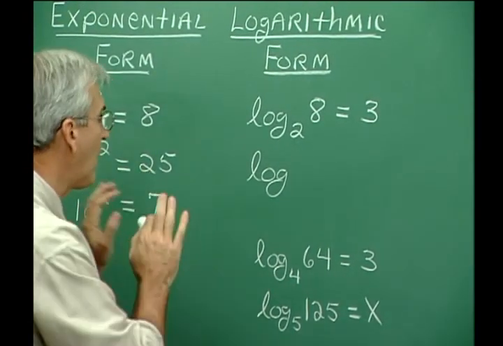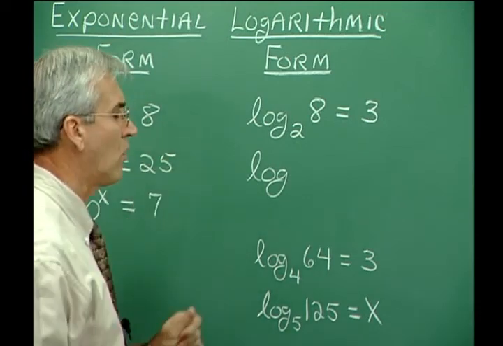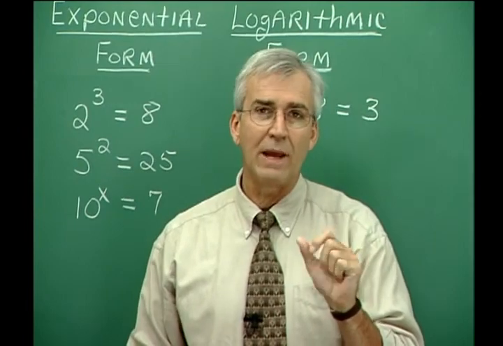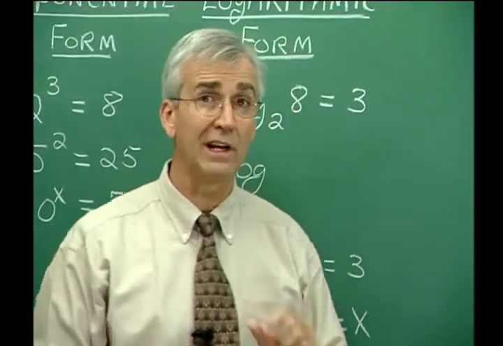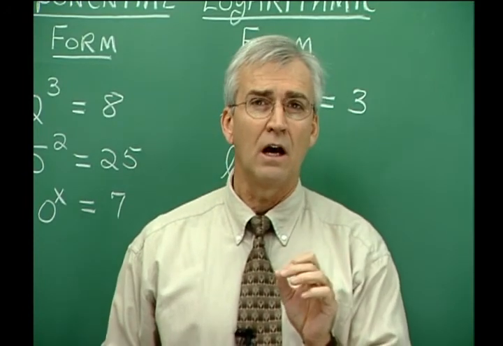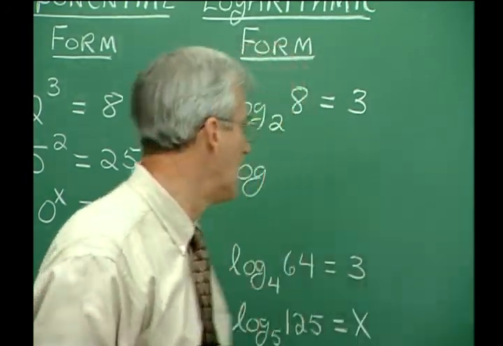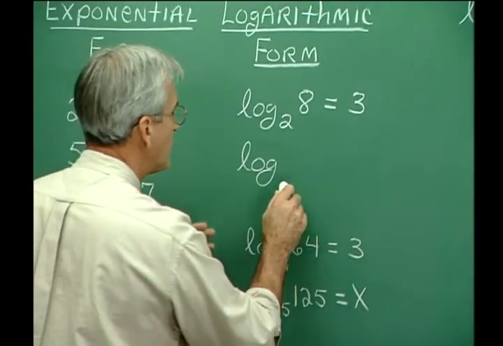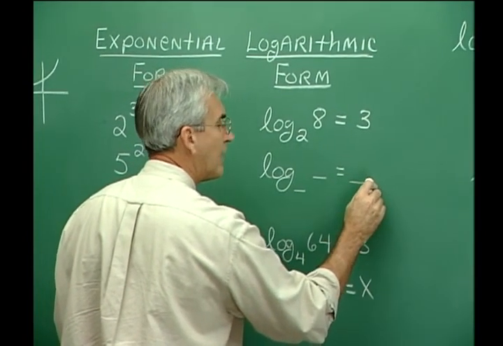The way you will go from exponential form to logarithmic form at first will probably be based on memorization. Here's how you'll probably memorize it at first. The notion is that in this logarithmic form there are positions for 3 numbers. A number here, and a number over here.